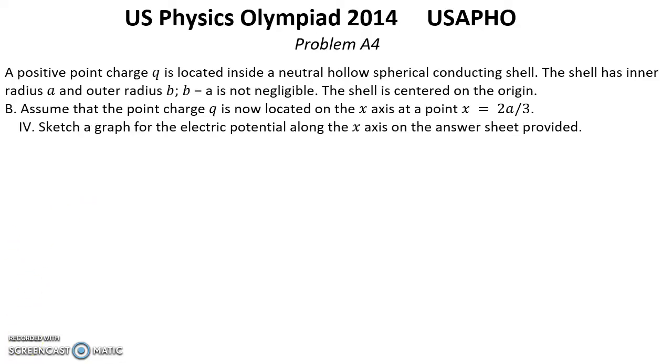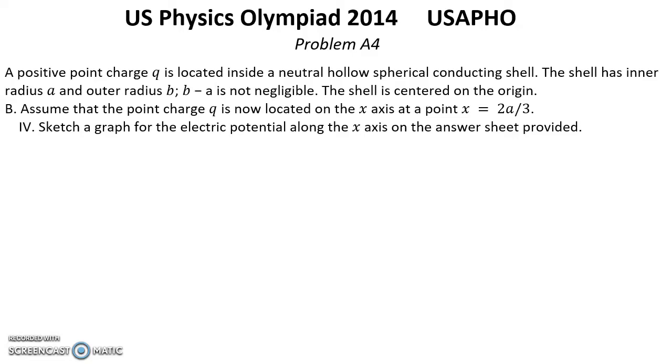Question 4. Sketch a graph for the electric potential along the x-axis on the answer sheet provided. Here we have the same situation. Outside of this shell, for x greater than b, we have the same potential as for the point charge, and between a and b we have constant potential. After that, we have a potential inversely proportional to 1 over r, where r is the distance to the point x equal to 2a over 3.